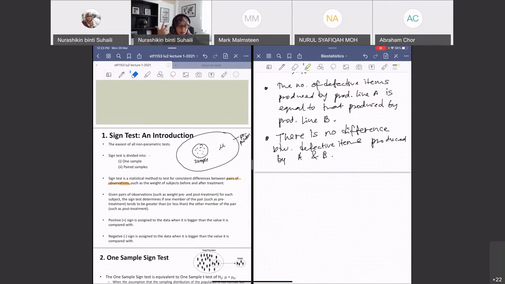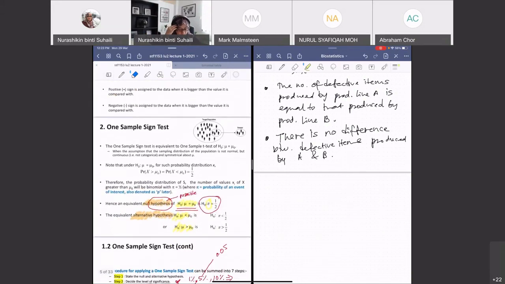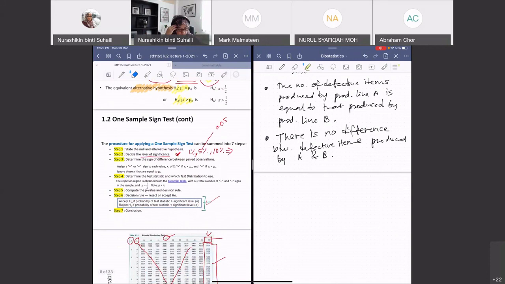What you want to compare depends. It could be only one sample, or 2 samples. And for the sign test, you have to know all these 7 steps.